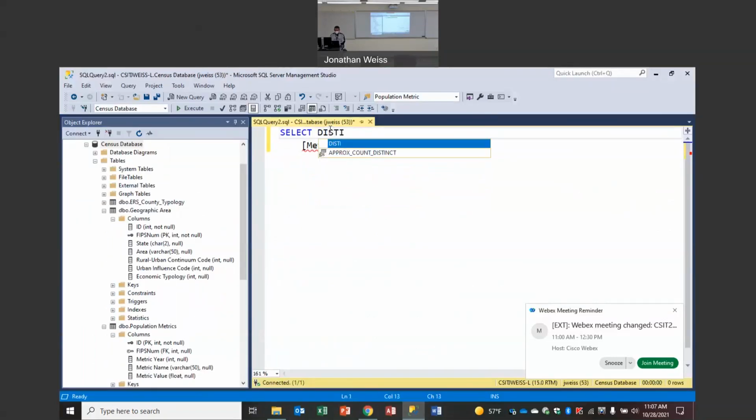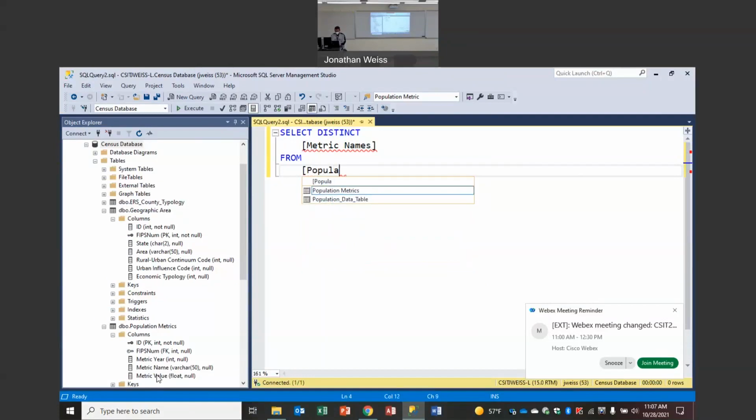So if you remember for select, we had this keyword distinct. So we're going to select the distinct metric names. Now, what tables do we need to get the metric names? Well, there's only one, population metrics. That's it. That's the only one we need.